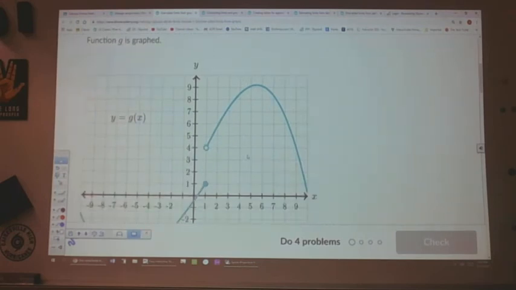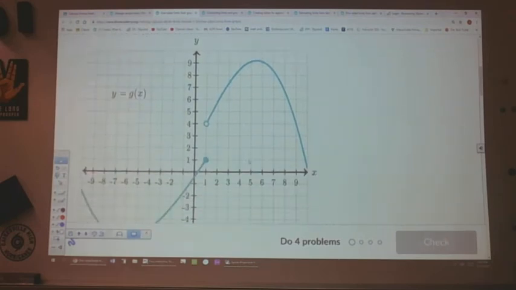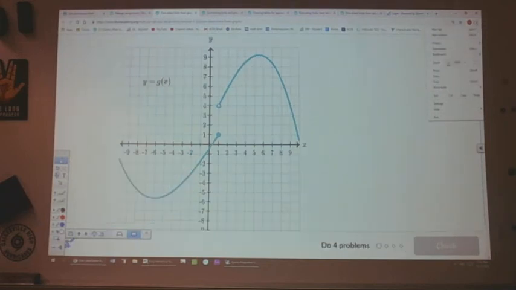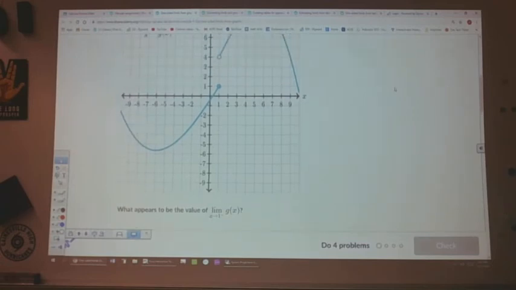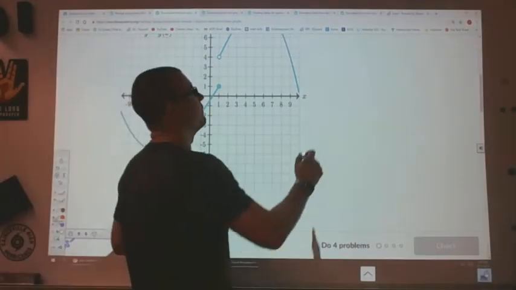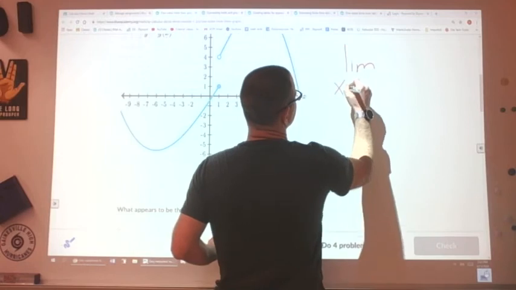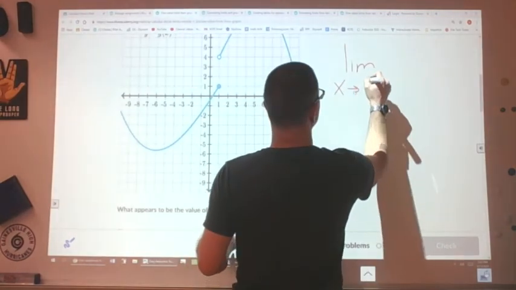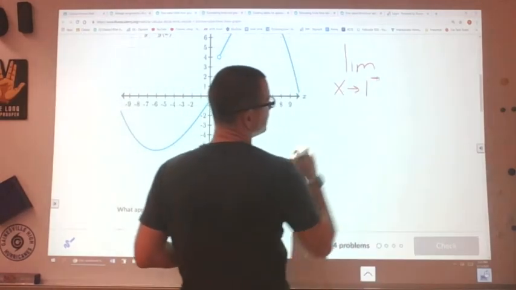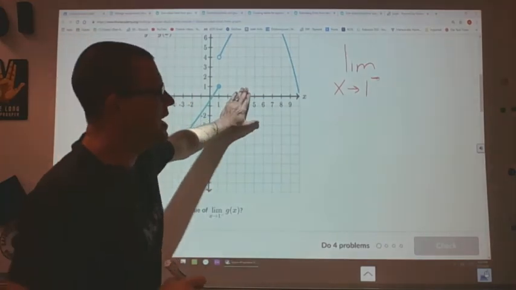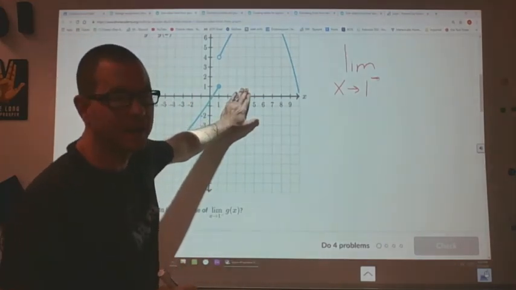Okay, so here, the function g is graphed. So we have this graph here. I'm going to make this a hair smaller. We want the limit as x approaches 1 from the left. So this is the limit as x approaches 1. And then it has this kind of in the exponent place, that little negative there.